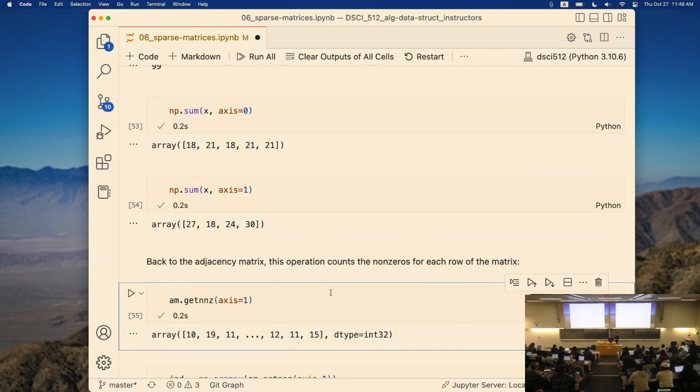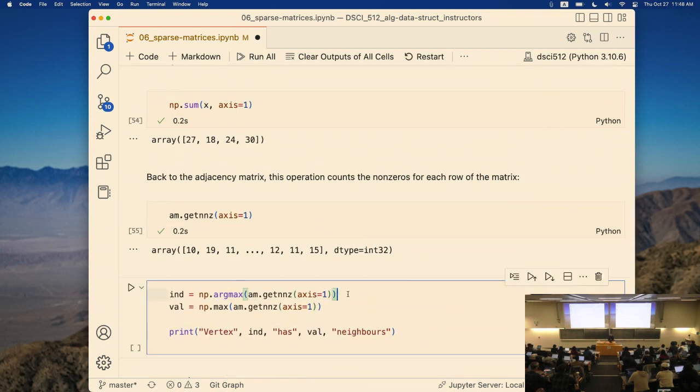In order to find, for example, how many edges are connected to a particular node, we can run code like this. Here, I'm getting the number of non-zero values along the column direction. For each node, I go in this direction and count the number of non-zero values. That obviously gives me the number of edges connected to that node.